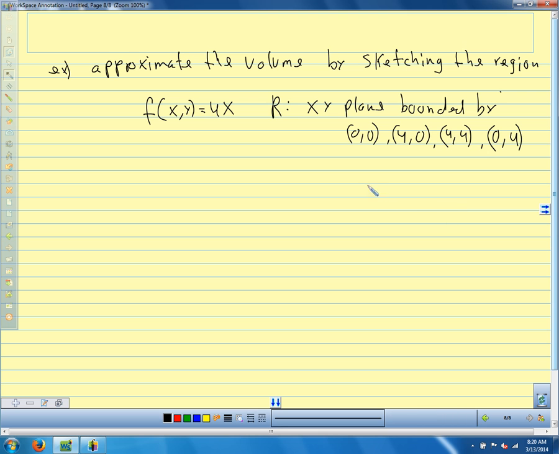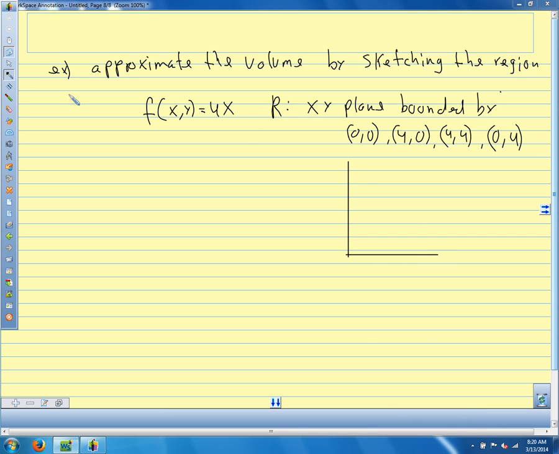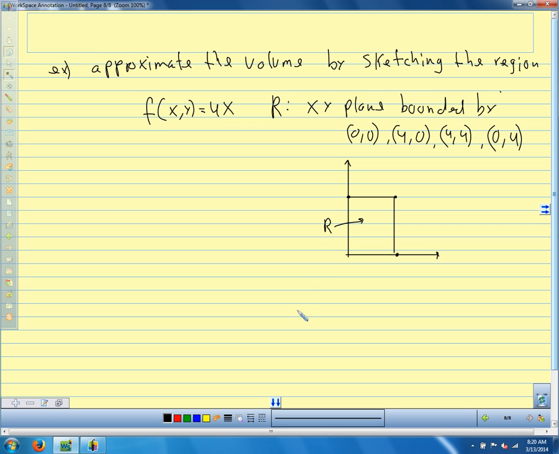All right, so let's sketch our region in the xy plane. What is this region in the xy plane? We get a square. So here's our region in the xy plane. So there's R. And now let's make a sketch of our solid, our f of x,y equals 4x.